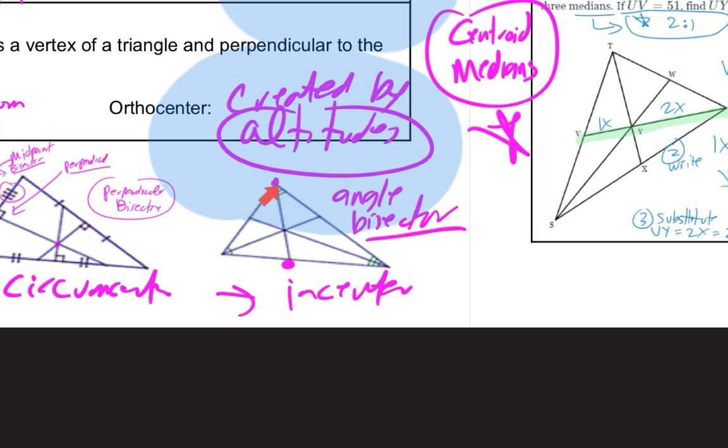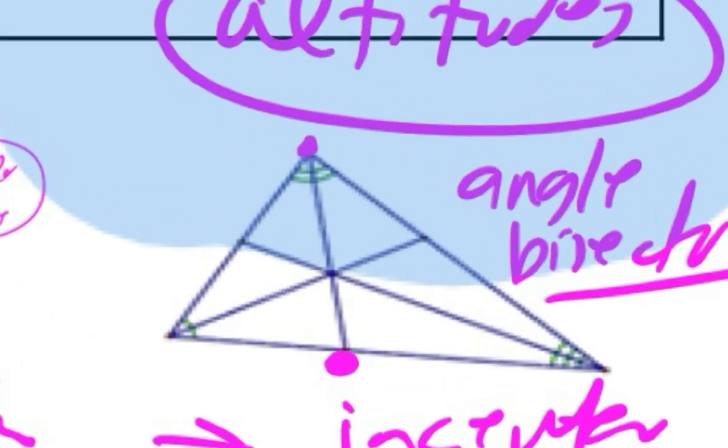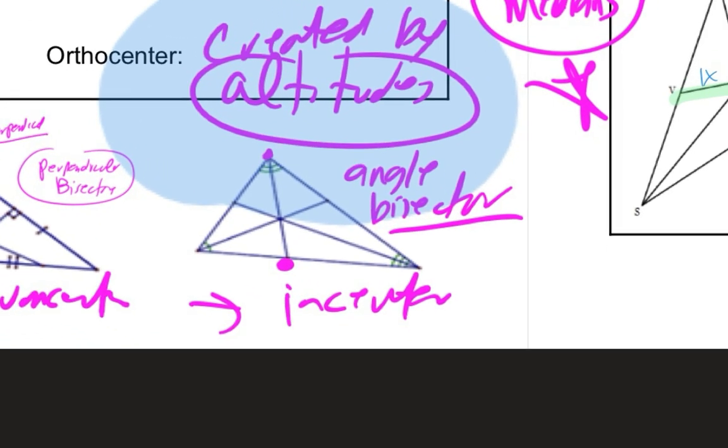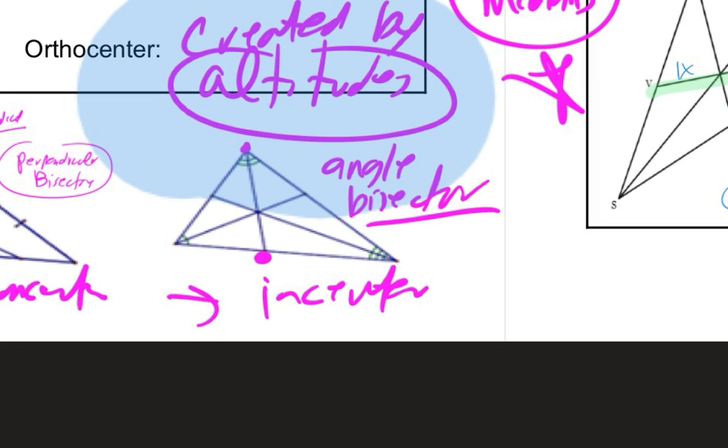As you can see, this is the only one where we have that symbol of the angle. And you can see it has two arcs on this one, and two arcs on that one, so it cuts that one in half, cuts that in half. So those are angle bisectors, and three angle bisectors make the incenter. Okay, so keeping that in mind, let's take a look at our next page.